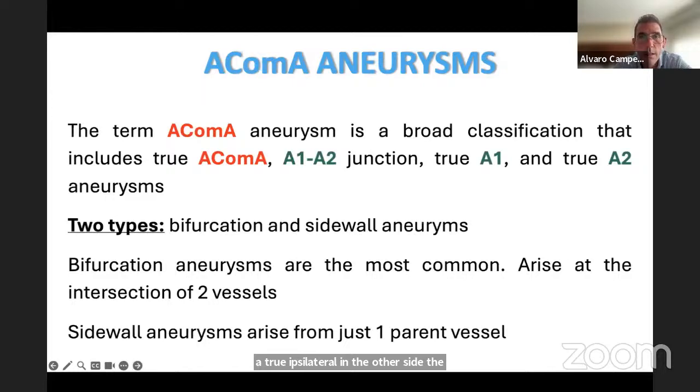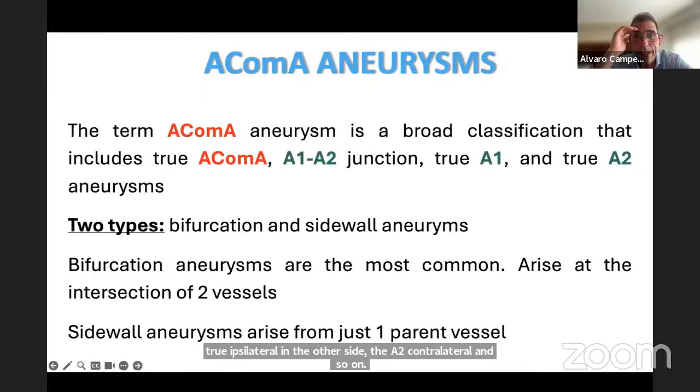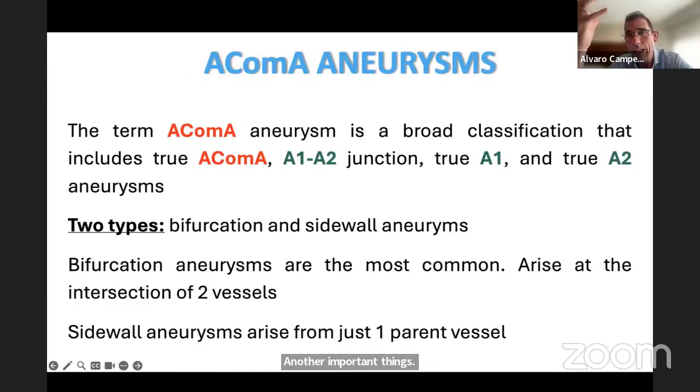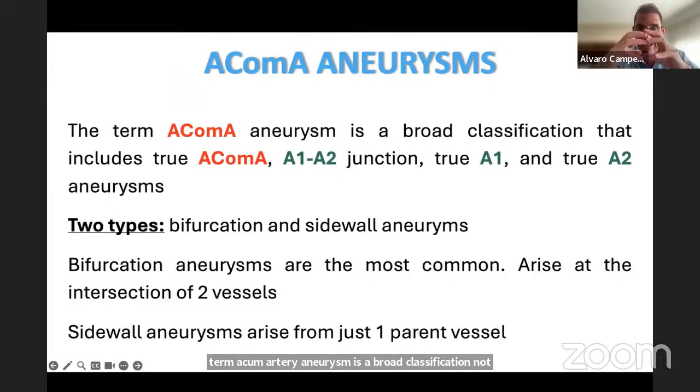Another important thing: the term ACom artery aneurysm is a broad classification. Not all ACom artery aneurysms start or arise from the ACom artery.